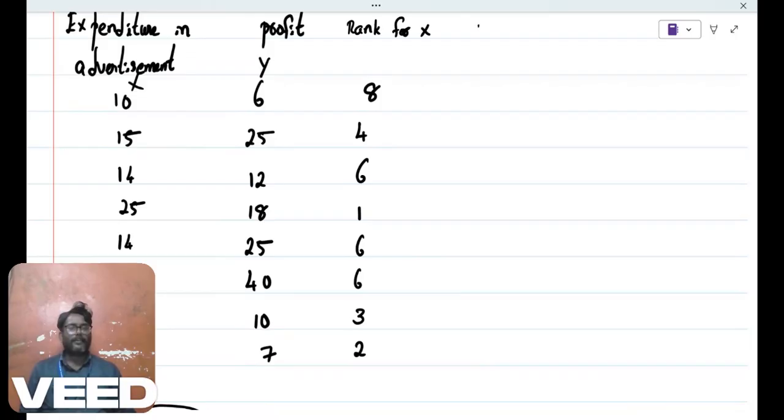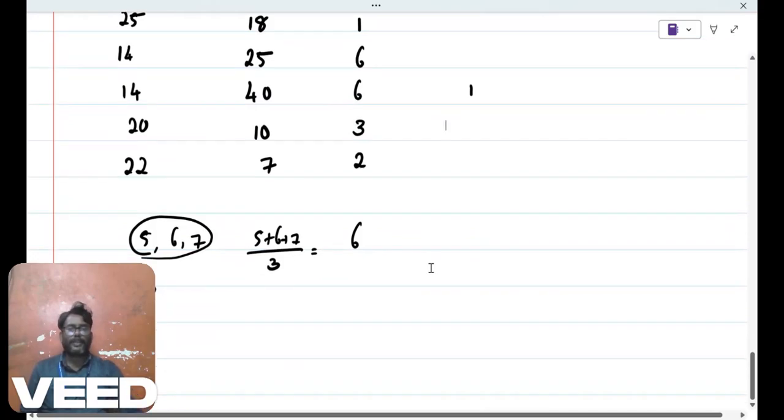Next, the rank for y. The largest value here is 40, which is 1. Next, the second largest value will be 25. There are two 25s, so the ranks 2 and 3 will be shared.